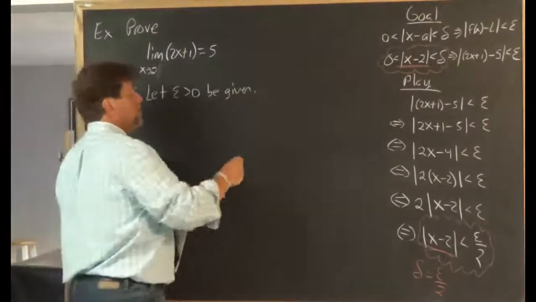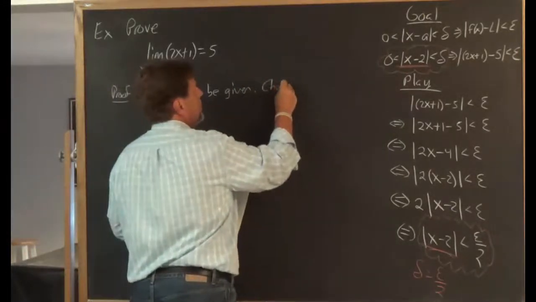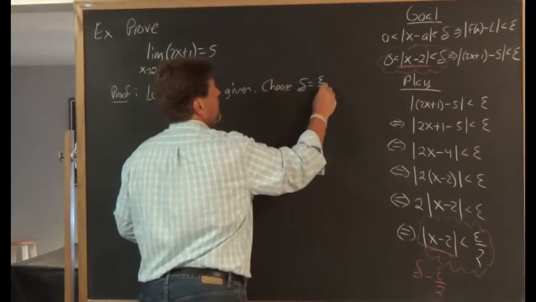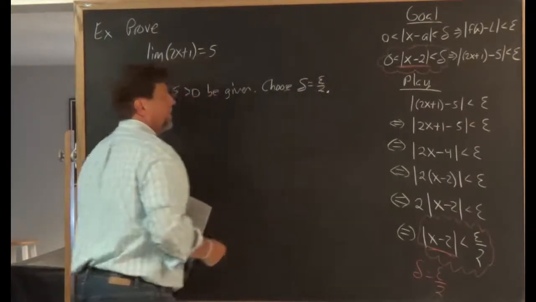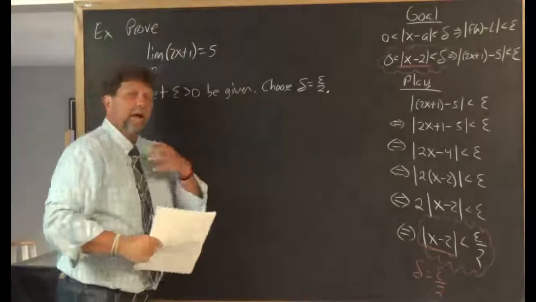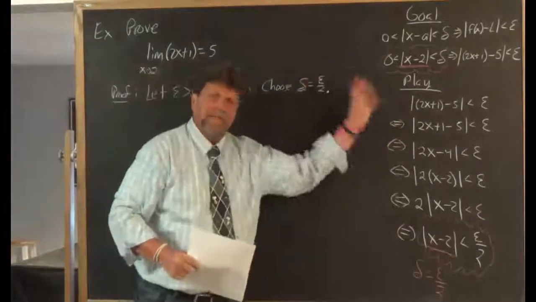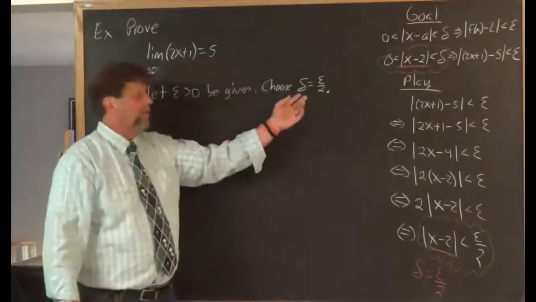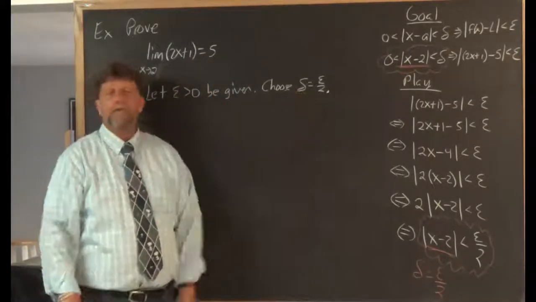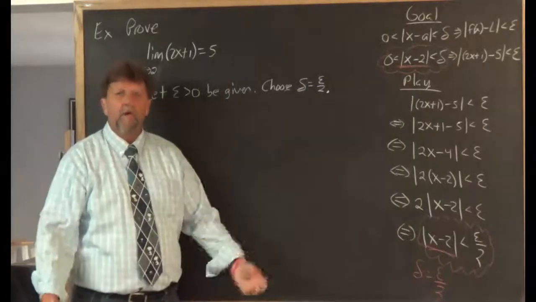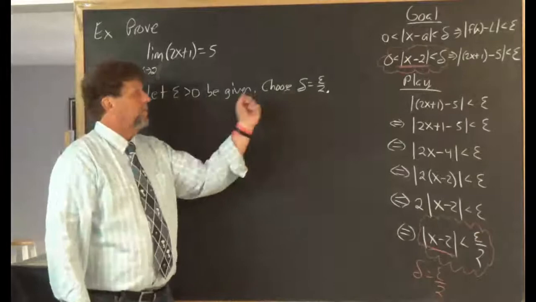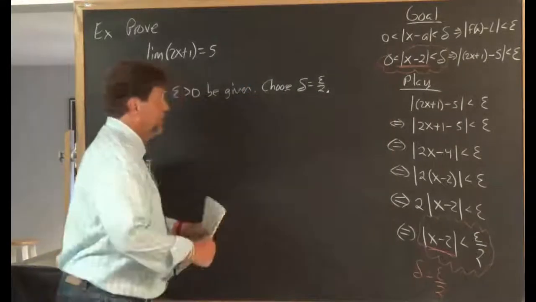For this problem, we will choose delta to equal epsilon over 2. And see, when I learned this stuff, without ever seeing any of this, I had no idea why the professor was saying, let's choose delta to equal epsilon over 2. I had no idea why. So, choose delta equals epsilon over 2.